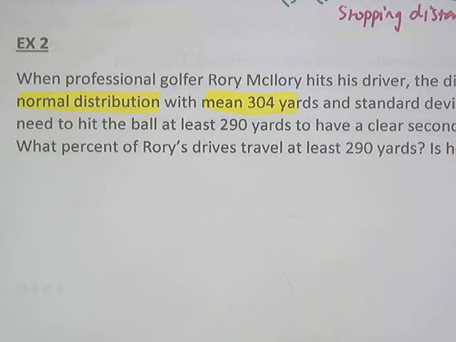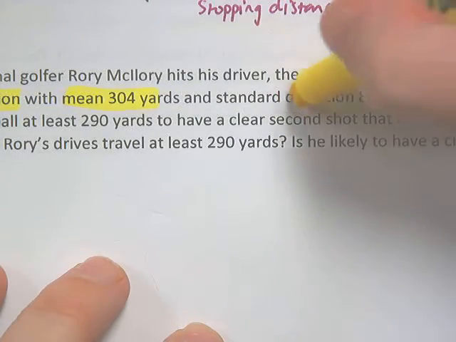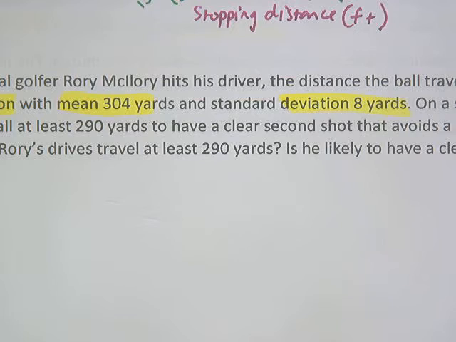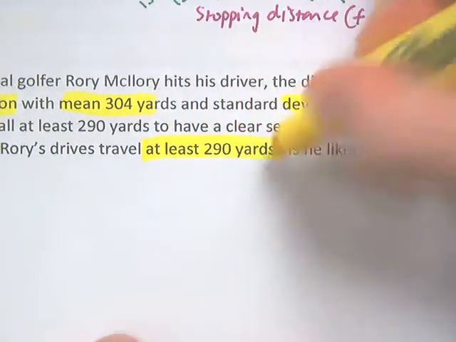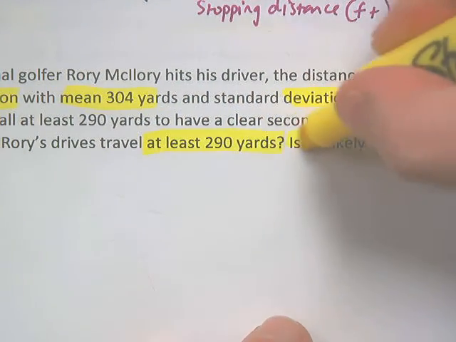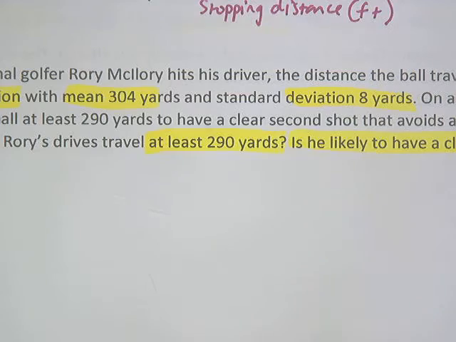There's mean, yards. And standard deviation of 8 yards. So this is the driving distance. On a specific hole, Rory would need to hit the ball at least 290 yards to have a clear second shot. What percent of his drives travel at least 290 yards, and is he likely to have a clear second shot?